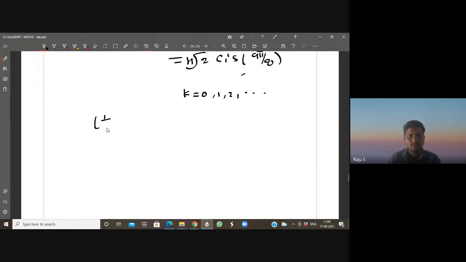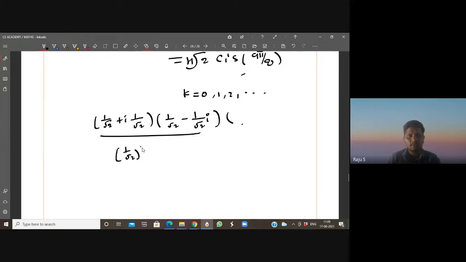When I multiply the first one here, 1 by root 2 plus i times 1 by root 2, we got cos 45 plus i sin 45. Next, 1 by root 2 minus 1 by root 2 i, we will get again the same value. So what is the product of these two? (a plus b) into (a minus b) is a square minus b square.